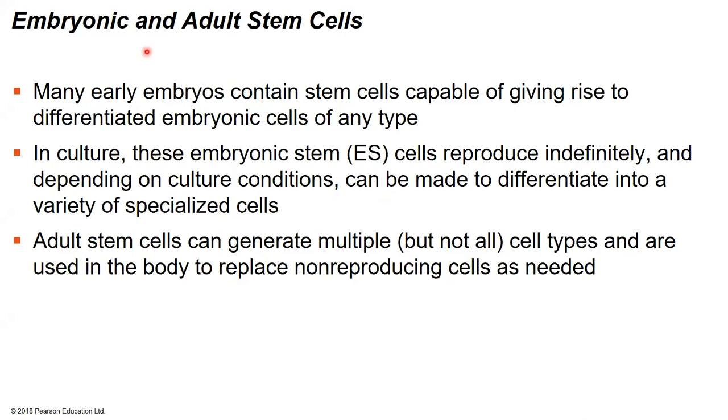All right, so now we're going to focus on the properties of embryonic and adult stem cells. Embryonic stem cells are typically obtained from the embryo. So remember, in humans, for example, a sperm fertilizes an egg, and the result is the zygote, and the zygote is an example of a totipotent cell.